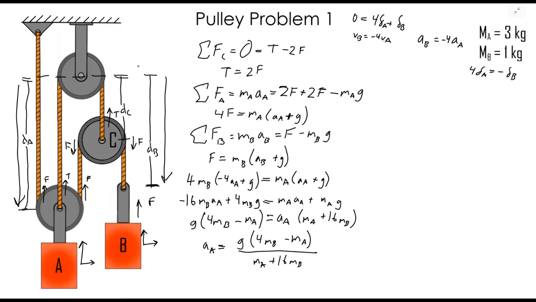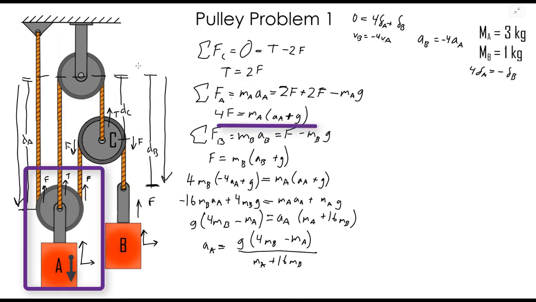So let's go over that before I erase it and move on, just to further clarify things. We first started off with our length equations, and we got our relations right here. Then we did a free body diagram of C and got our relation between the different tensions: T equals 2F.